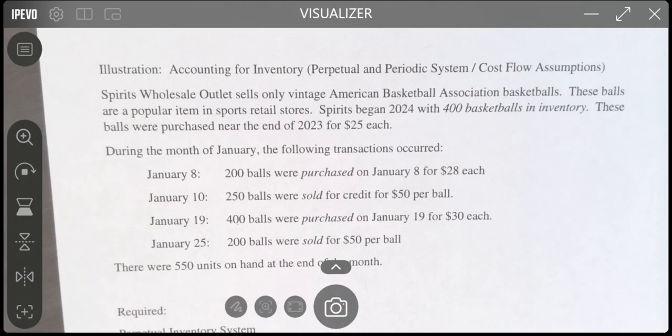We're going to apply FIFO, then LIFO, and then average cost within the perpetual system. Then we will apply FIFO, then LIFO, and then average cost within the periodic system. In this video, we start with perpetual FIFO. And here it is.